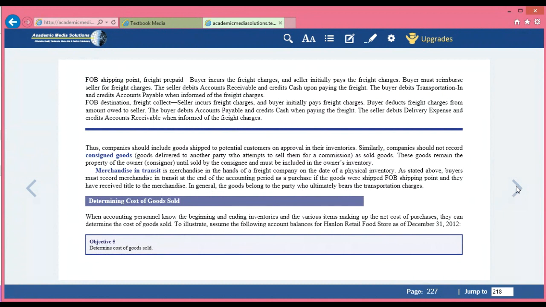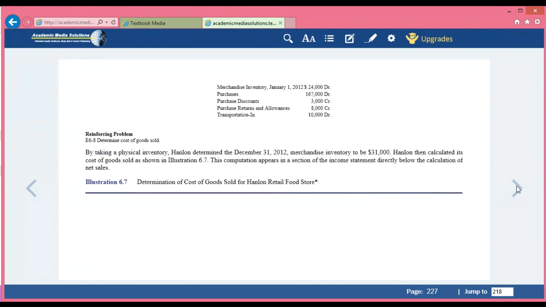Now, for determining cost of goods sold, we're going to go into that. To determine your cost of goods sold, you look at the inventory you had at the beginning of the year. This is January 2012.